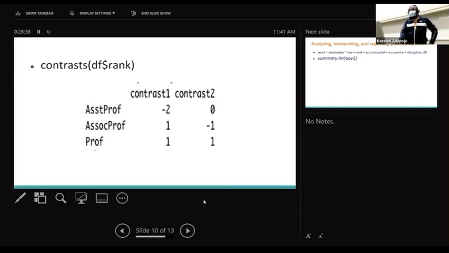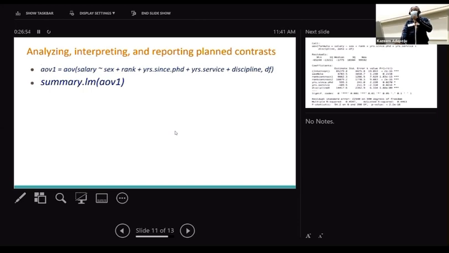The next thing, now that R has already assigned contrast to a predictor called rank in your data set, is to go back and rerun the ANOVA again, all of that again, with all other variables present.